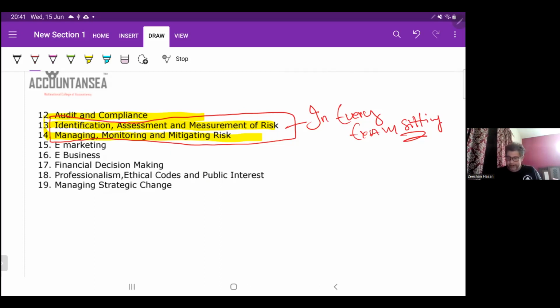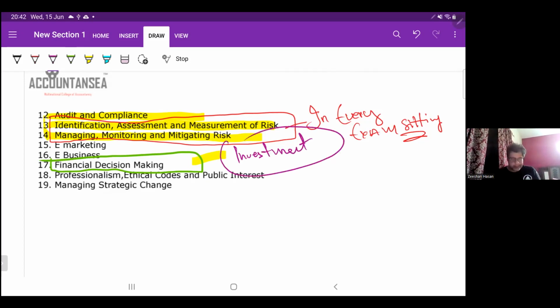Then financial decision making. In financial decision making, we will learn about investment appraisal as well, and some ratios, and how to use them to make decisions.